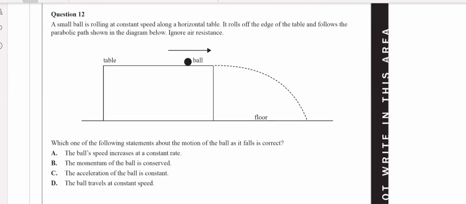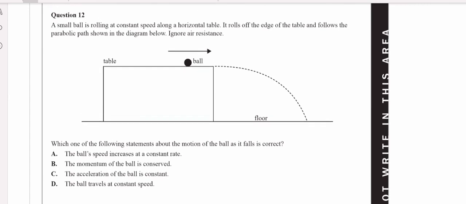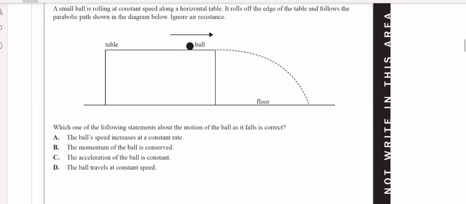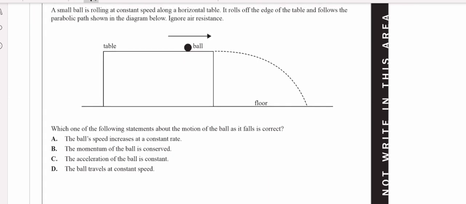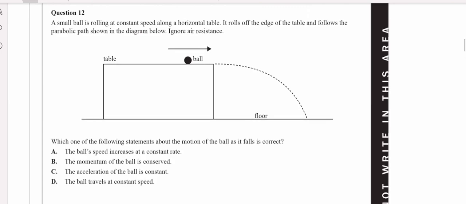A small ball is running at a constant speed, falls off the edge. Which one of the following statements about the motion of the ball as it falls is correct? The ball doesn't travel at a constant speed because there's acceleration going, and won't increase at a constant rate because there's vectors going on and it's a downward force.